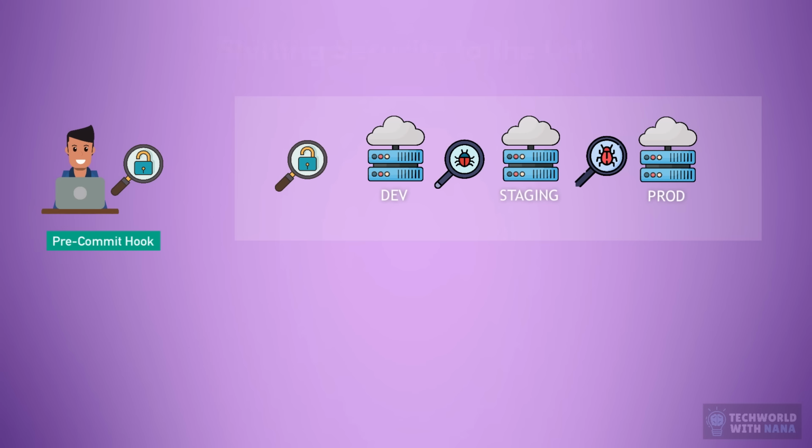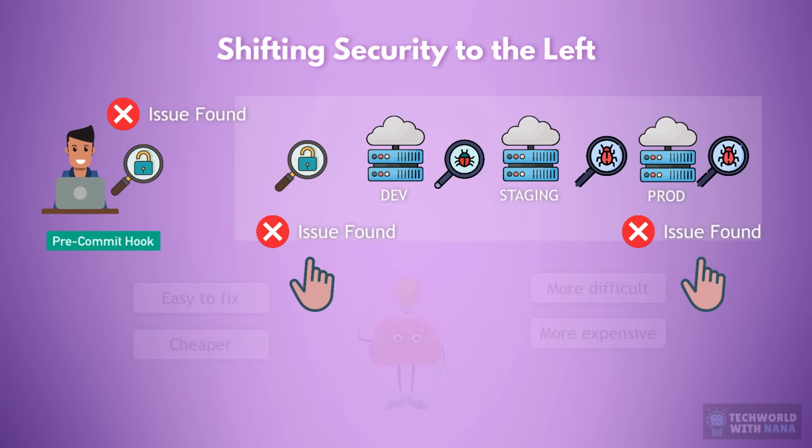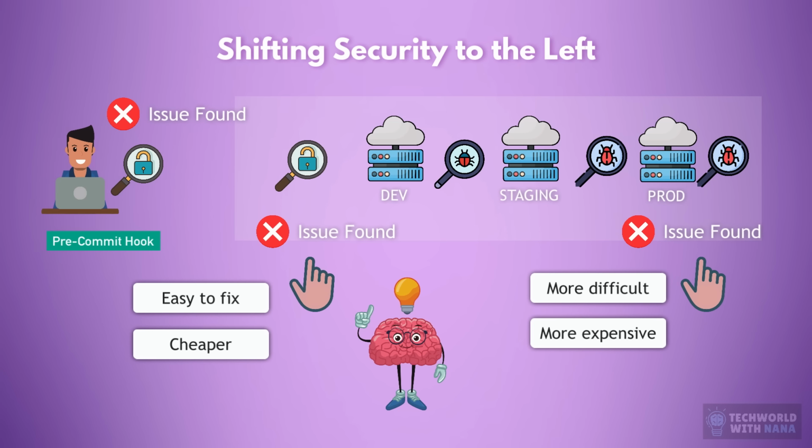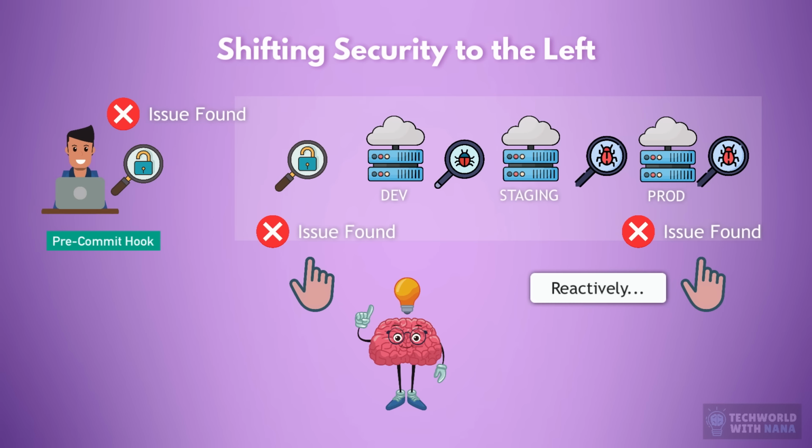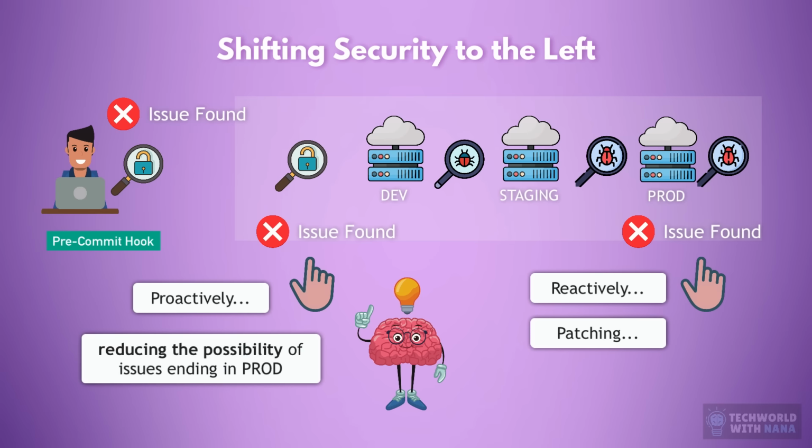This is called shifting security to the left, because another important fact is that the later in the release stage we discover a security issue, the more expensive it is to fix it. So instead of reactively fixing issues in production and patching them, we are proactively reducing the possibility that they end up in production in the first place.